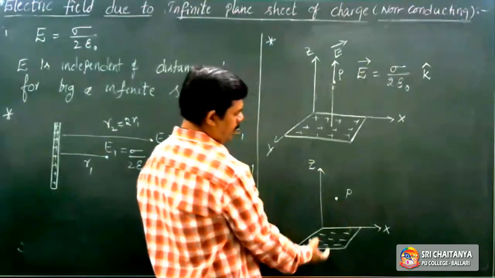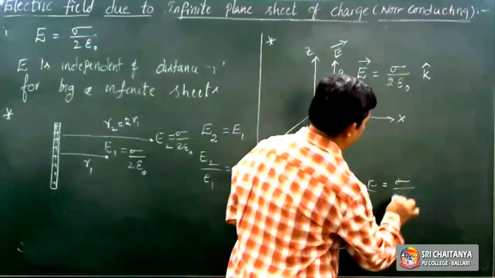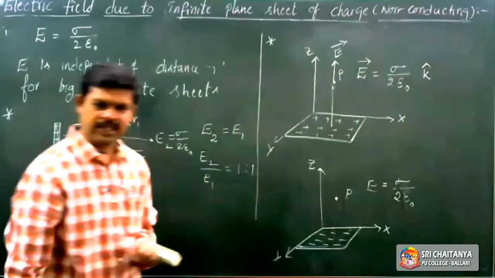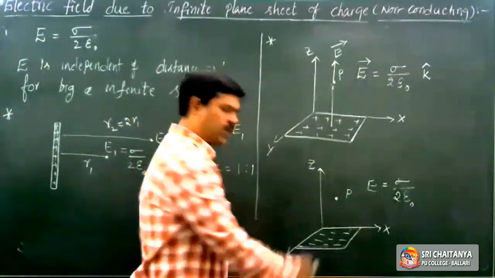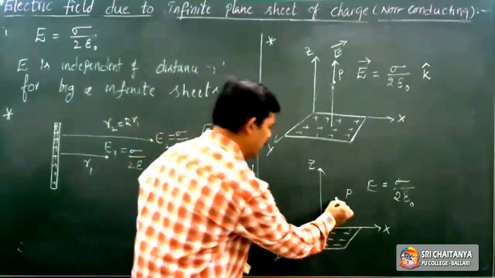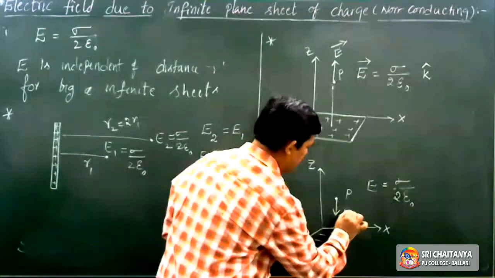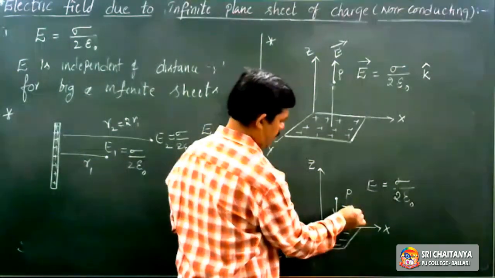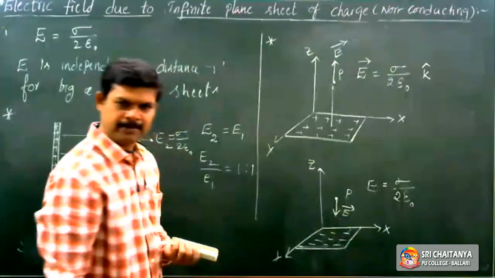See here, magnitude E is sigma by 2 epsilon naught, no problem. Then what is the direction? If you are asked, what to see? What is the charge given to that? Negative charge. For the negative charge, the field is inwards, towards it. This is the field direction, right?